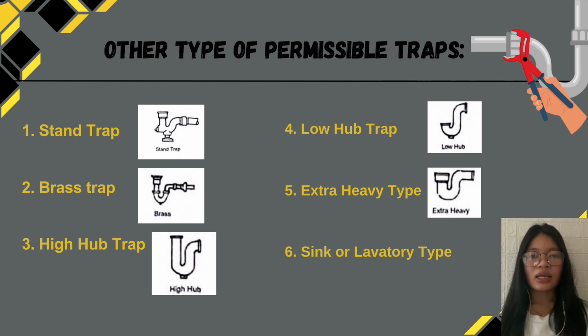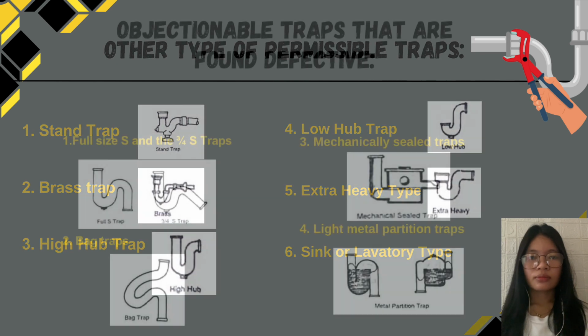It has a lower inlet or outlet connection, suitable for spaces with limited vertical clearance or specific plumbing configurations. The extra heavy trap is designed with heavier construction compared to standard traps. And the last one, the sink or lavatory type, is especially designed for sinks and lavatories.